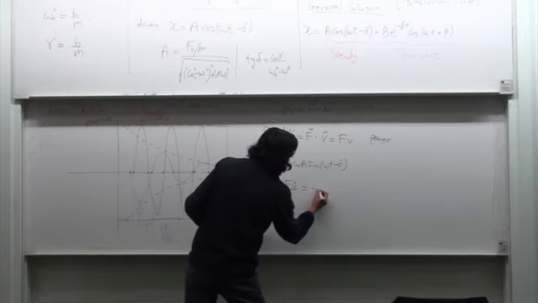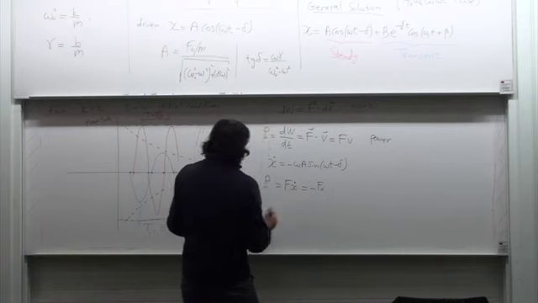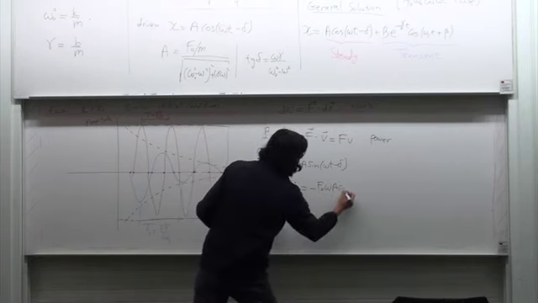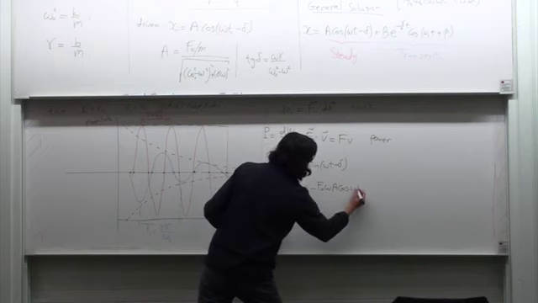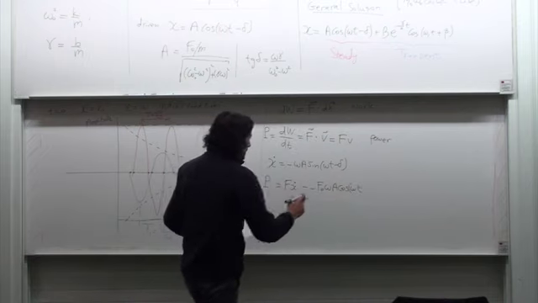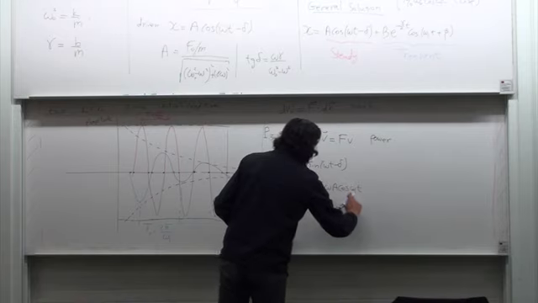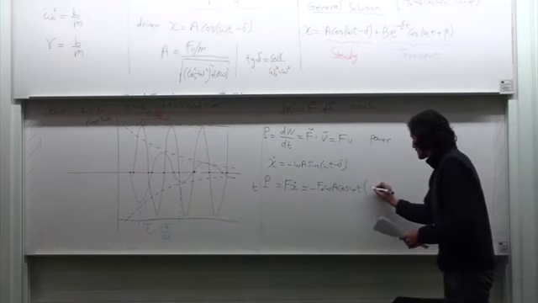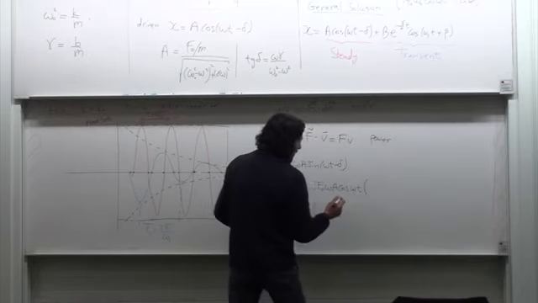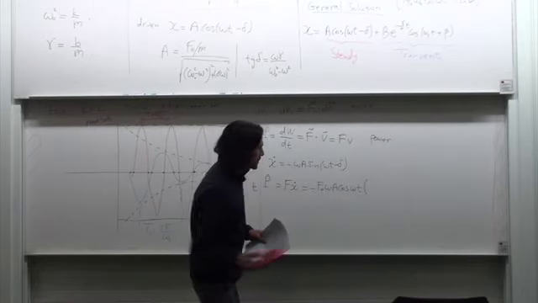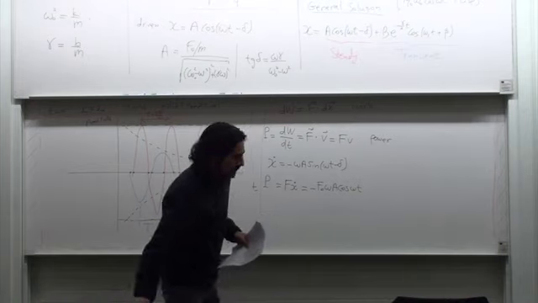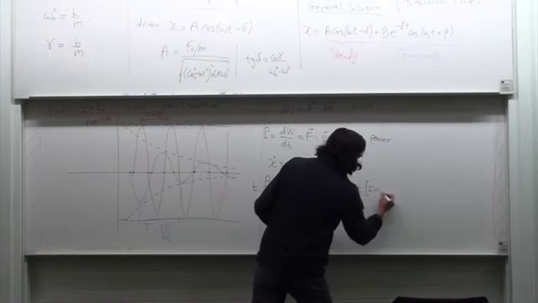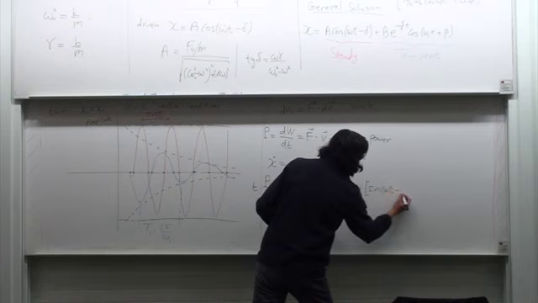So it's minus F0 omega A cosine(omega t) times sine(omega t minus delta).